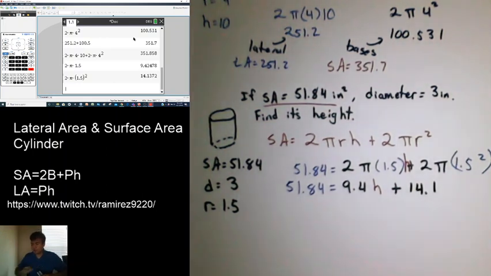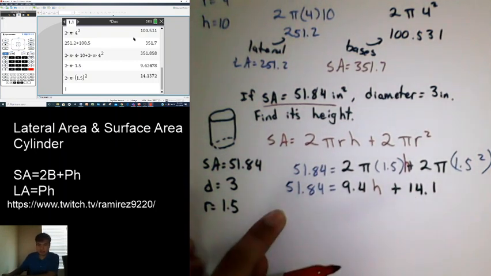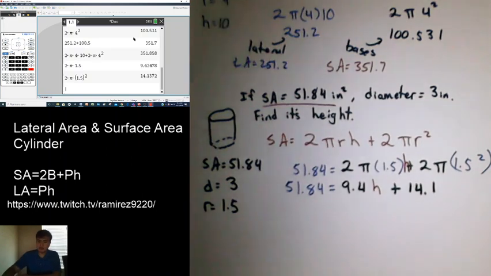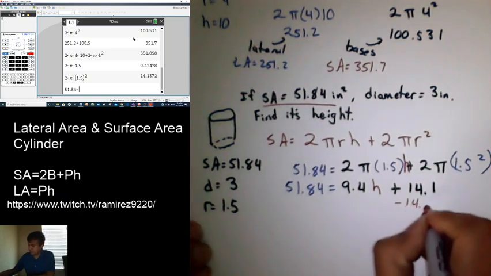I hope that at this point you're like, oh, okay, it's super easy. I could solve it from here. And yes, you can, because all you have to do is just do inverse operations, right? We're going to move the 14.1 to the other side by subtracting. So 51.84 minus 14.1.